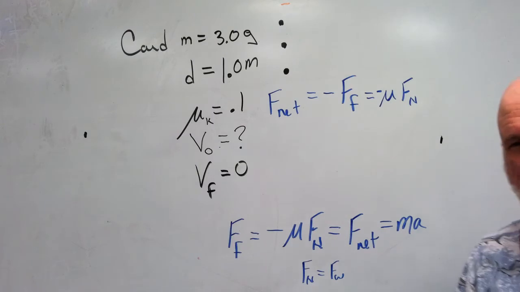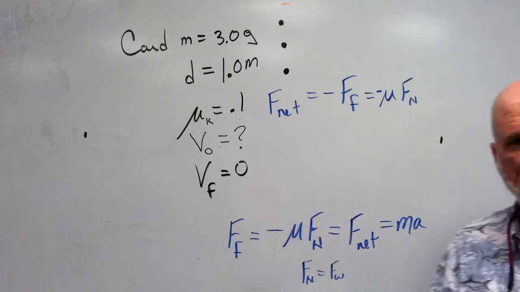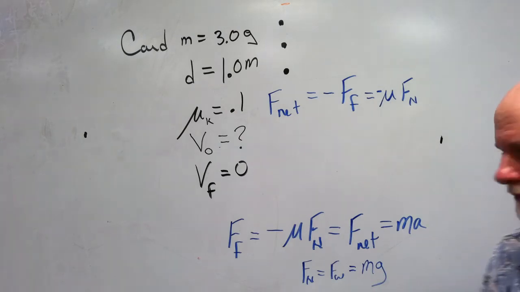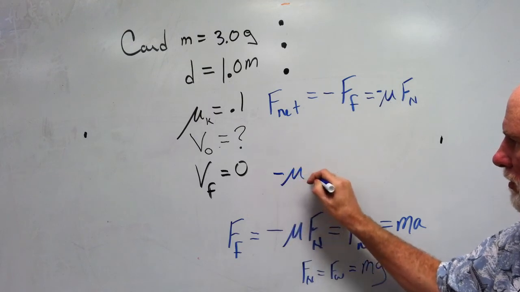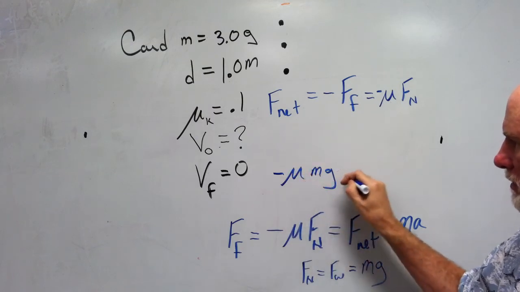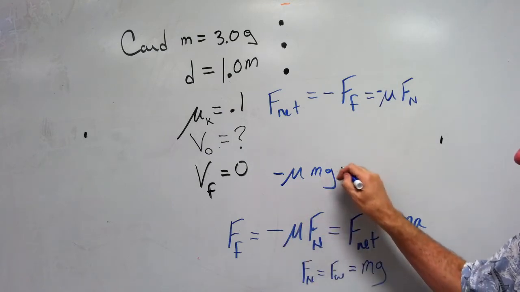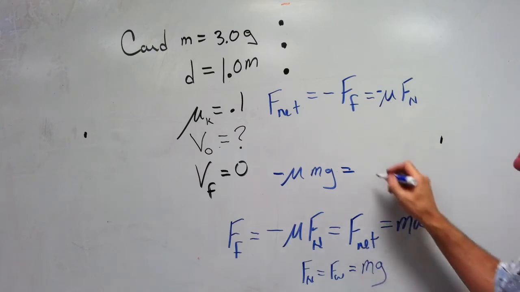Tricky? That good? Fn and Fw are the same. Therefore, I can rewrite Fn as mg. Okay? So I can say that this is going to be negative mu mg. Mg's here. Negative mu equals the F net, which is ma.